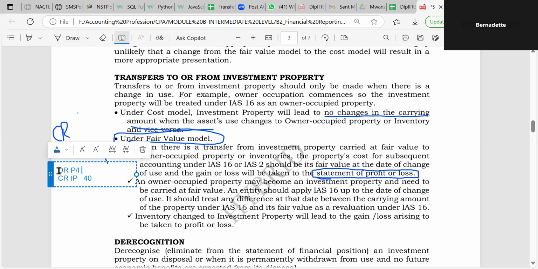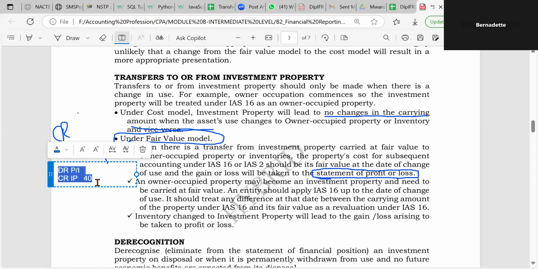Let's say now you recognize it at that figure. And actually, before doing that, I need us to go to that principle now. I told you that since we are using investment property at fair value, you have to restate it by using the same IAS 40, after which you will then have to change it from investment property to PPE or inventory.